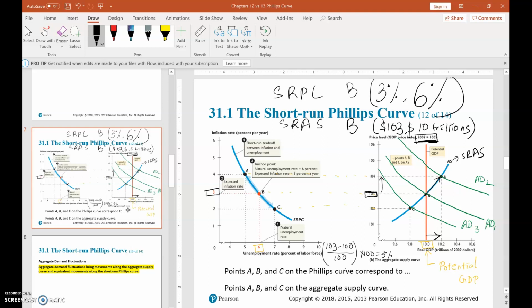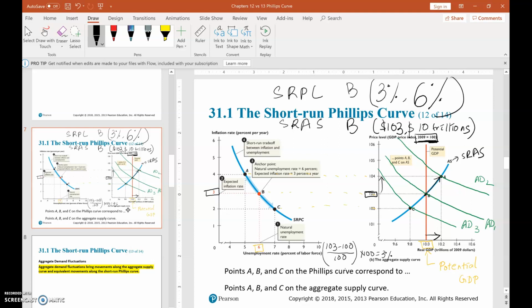Point B on the right, where we look at the short run aggregate supply curve, is related to point B on the left, where we look at the short run Phillips curve.